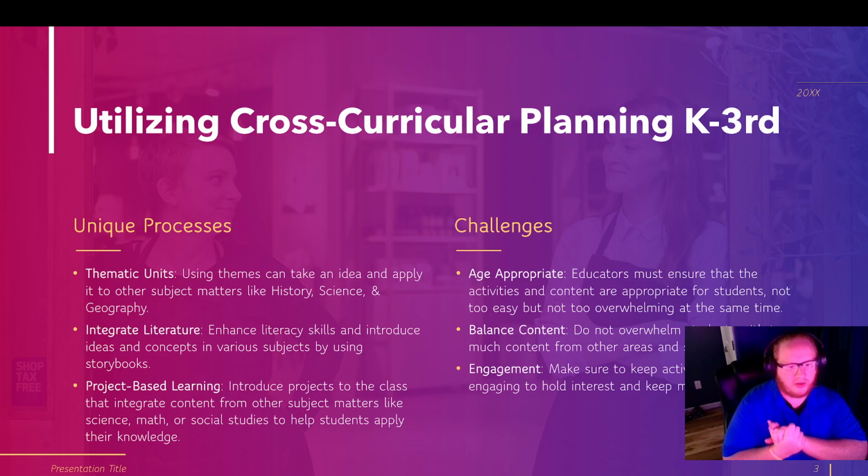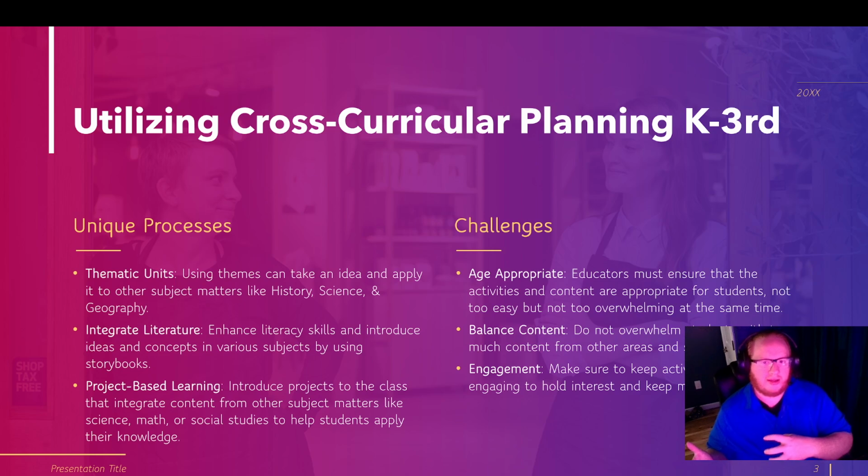In project-based learning, you can have your students do a project in a certain subject and use literature to back it up, such as The Watsons Go to Birmingham. It's a project on the civil rights movement. You can make a timeline of those sequence of events.